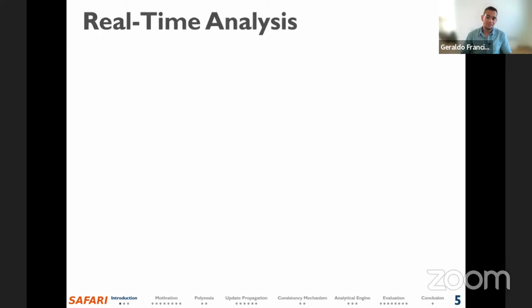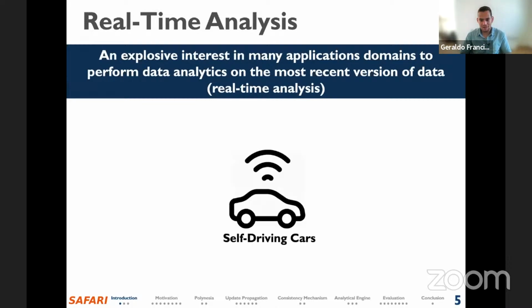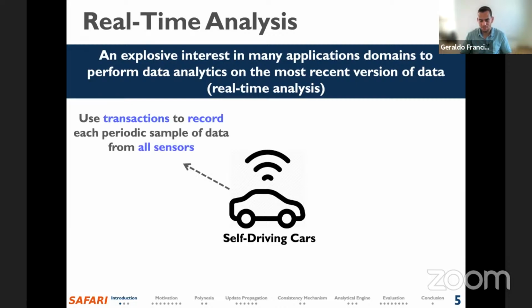Recently, in many different application domains, there has been an explosive interest in performing analytics on the most recent version of the data, in real time. Here we have an example of self-driving cars, which is one example of such applications that require computing on data while the data is being produced. Self-driving cars ingest a large volume of data from various sensors during the run of the car.